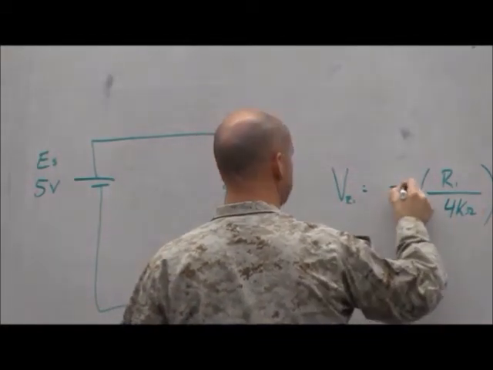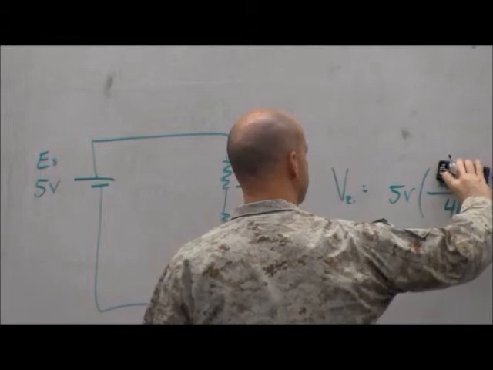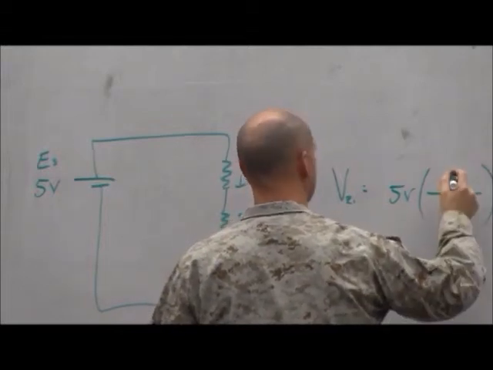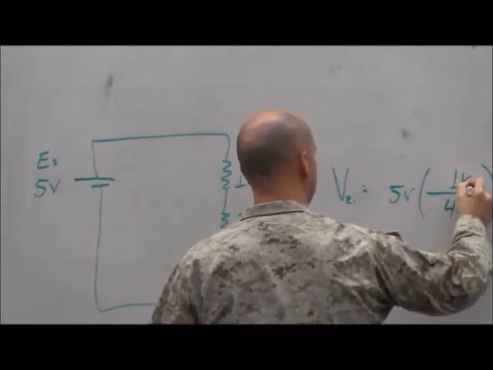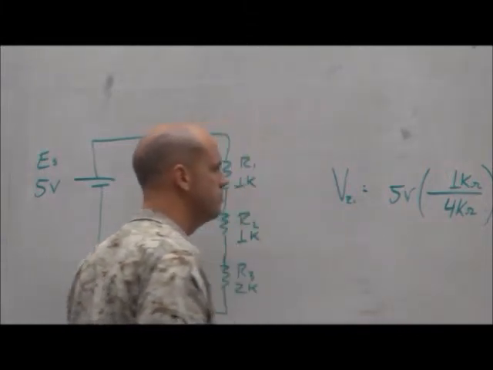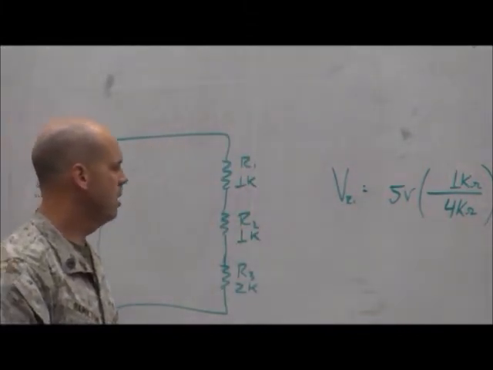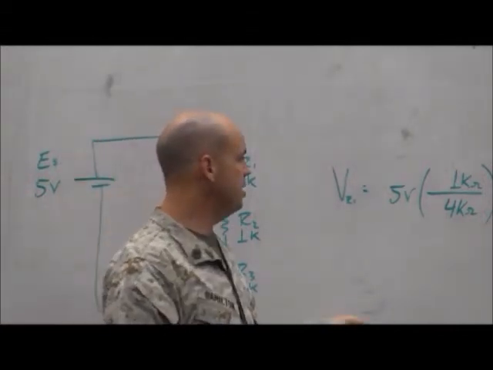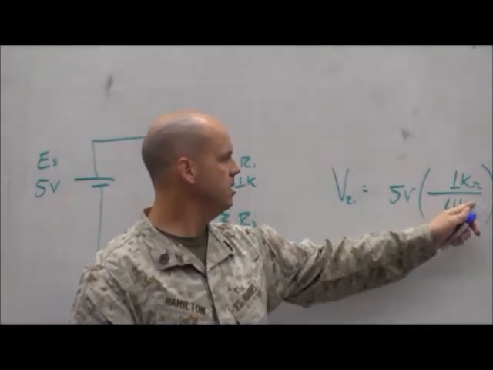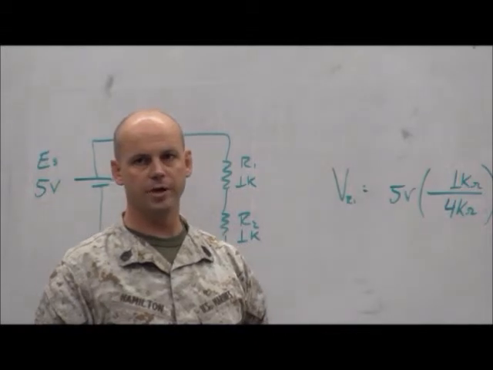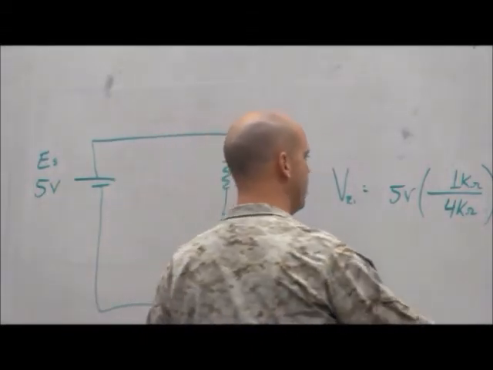ES is 5 volts. And R1 was 1K. All right, so mathematically, looking at this, we know that the Ks and the ohms would reduce to 1, yes? So I can erase those.